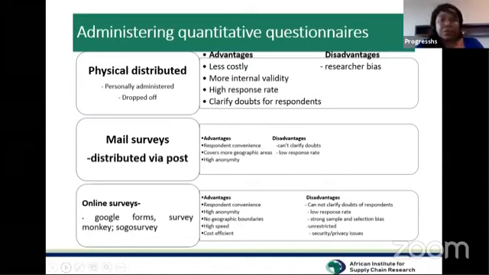There are two ways of doing it. You can either personally administer the questionnaires, you can drop off, that is if you have decided to physically distribute these questionnaires. In that case, researchers can physically go to the respondents and administer those questionnaires by themselves.